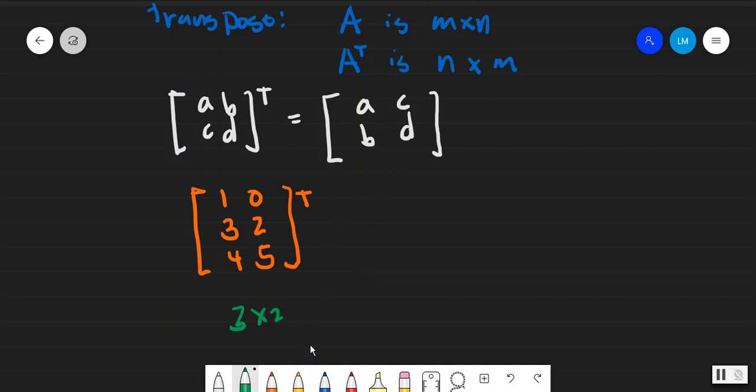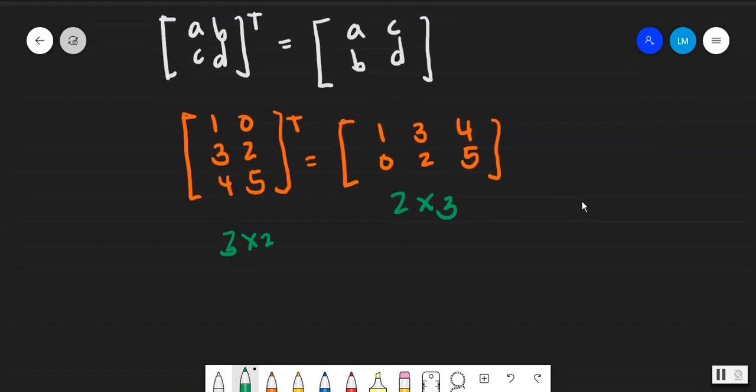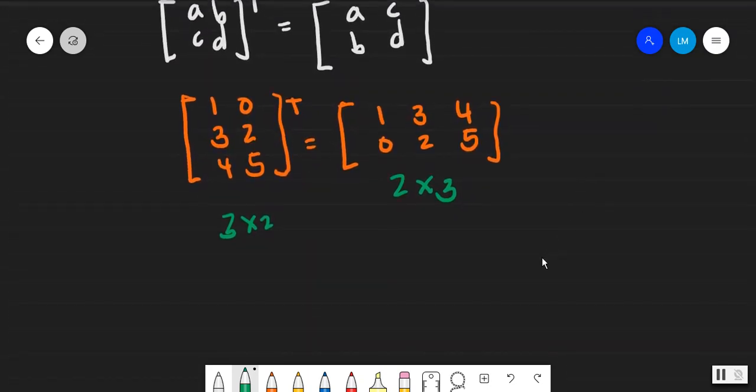If you transpose this matrix, you end up with 1, 3, 4 in the first row and 0, 2, 5 in the second row. See how the matrix has been transposed, and it has resulted in a 2 by 3. The transpose matrix is going to be pretty useful when we get to minimization problems using the simplex method, and it is used in further studies of systems of equations.